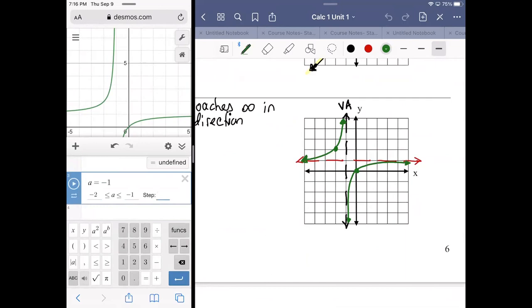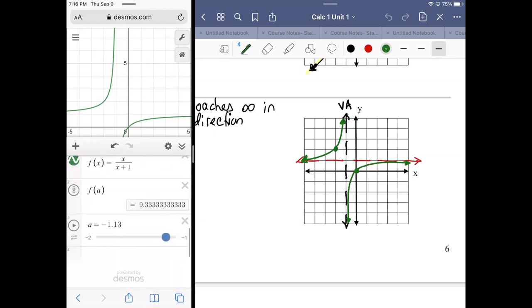And then I would change my step to be smaller than 1, so maybe like 0.01. Then when I do my sliding, it's going by hundredths of a unit. And you can see you're numerically showing that increase as you get closer and closer to -1. It actually gets very large very quick until it goes to undefined once it gets to -1. You can kind of see it in action.